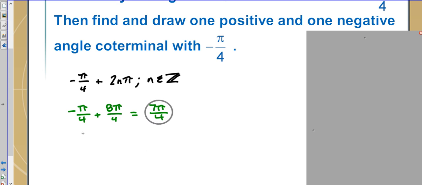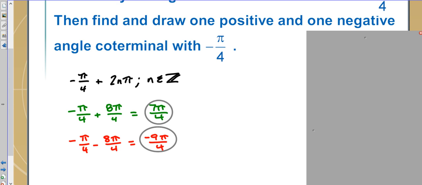And now to find another, I would take that negative pi over 4, and this time instead of adding 8 pi over 4, I would subtract 8 pi over 4. Well, I already have negative 1 pi, so if I have negative 8 more pi's, then I have negative 9 pi over 4. And that should be my other answer.